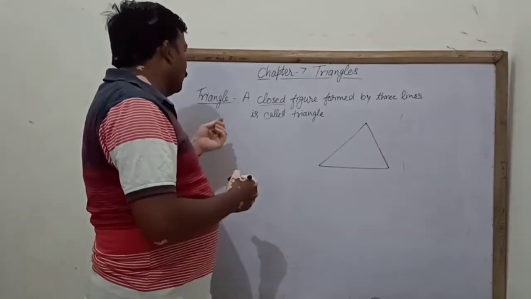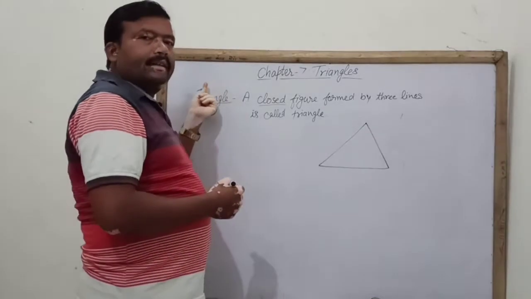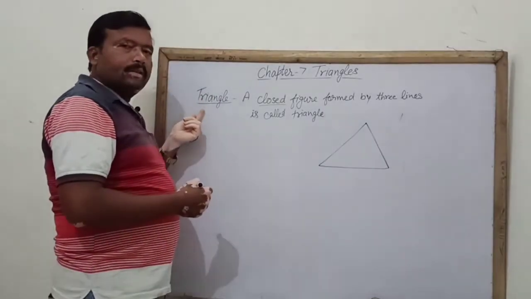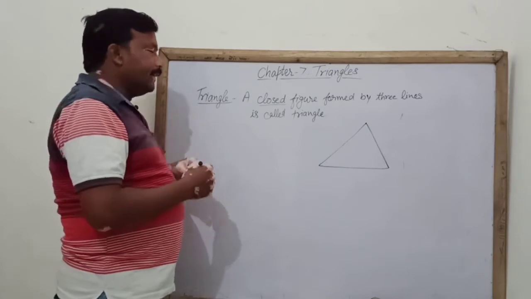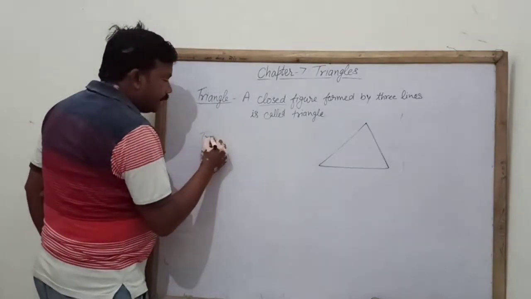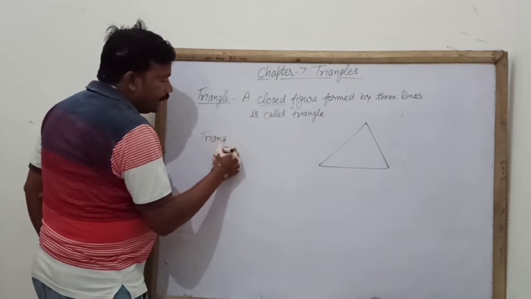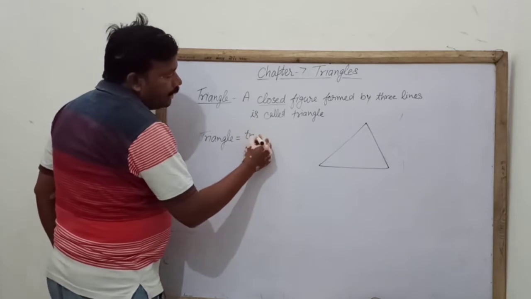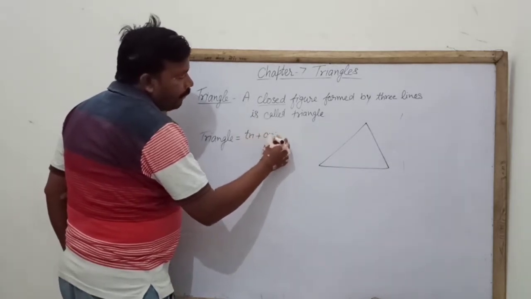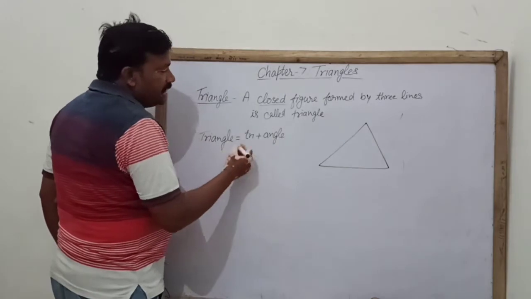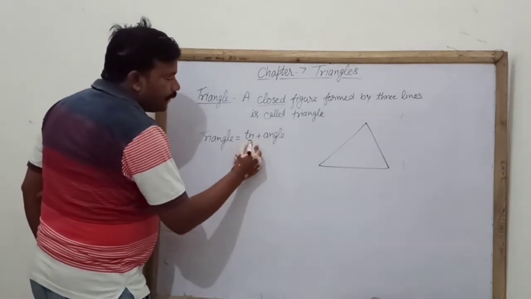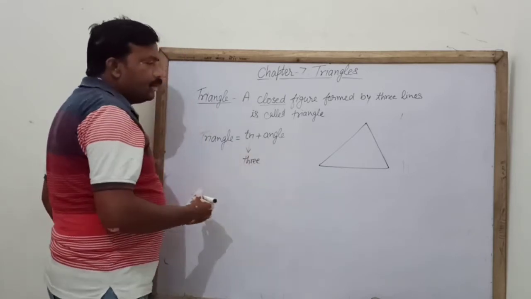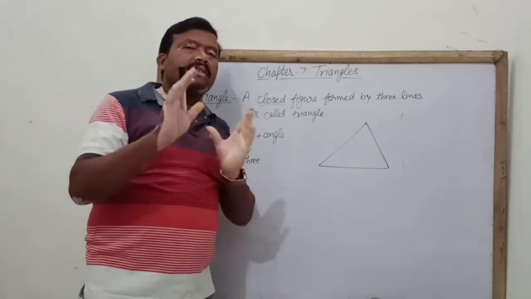And if we go with the name, then we can write triangle as tri plus angle. Tri stands for three, so a closed figure which contains three angles.